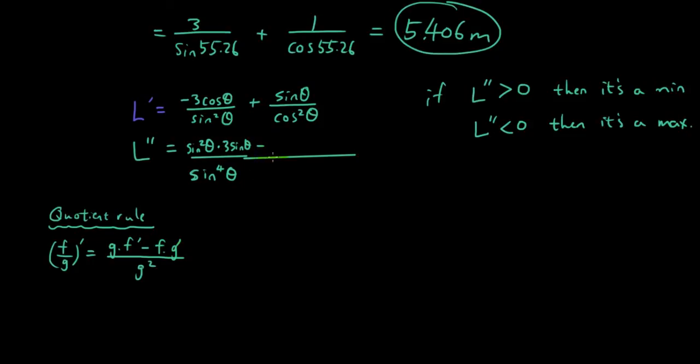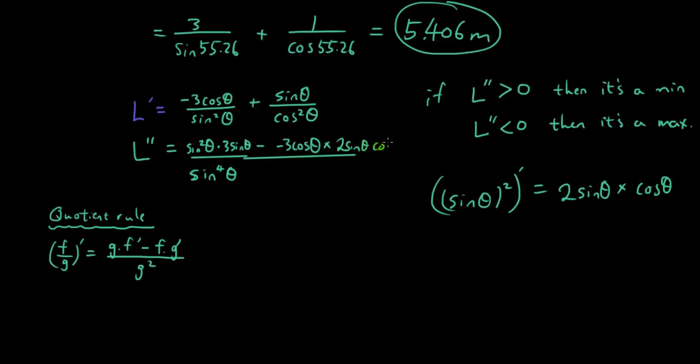Minus f, so that's -3 cos theta times g dash. g is sine squared theta, and sine theta squared dashed is 2 times sine theta times cos theta, so it's 2 sine theta cos theta.